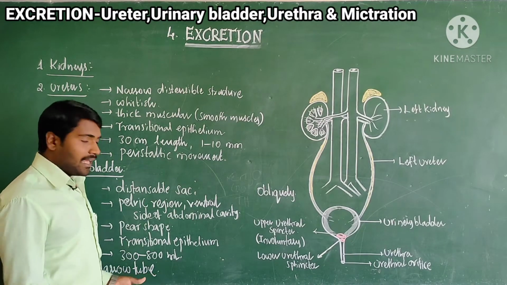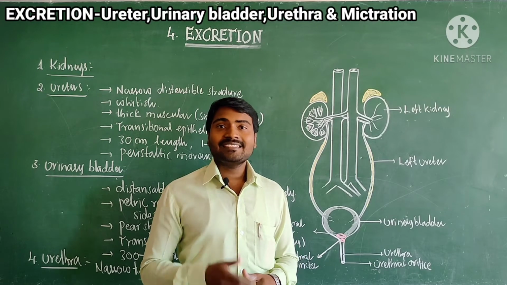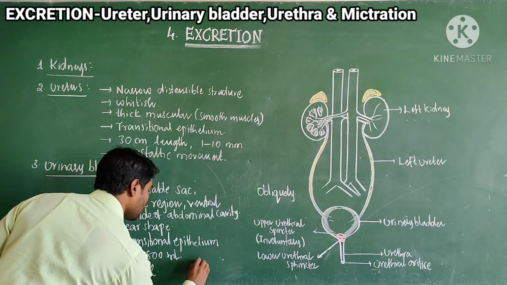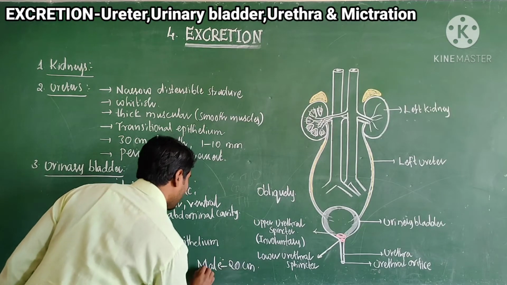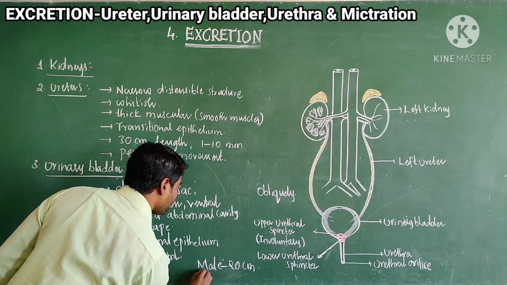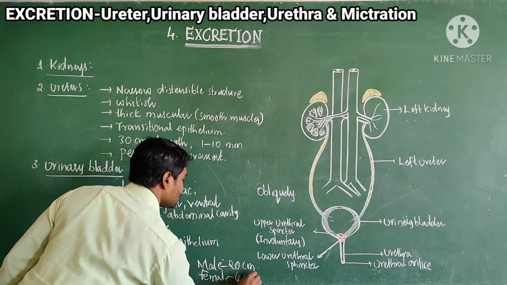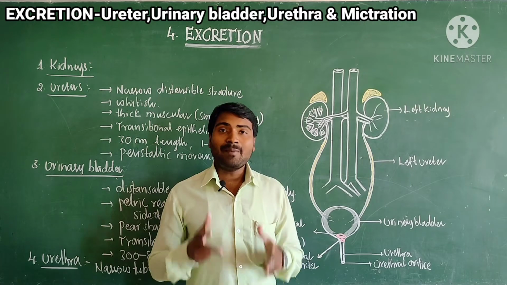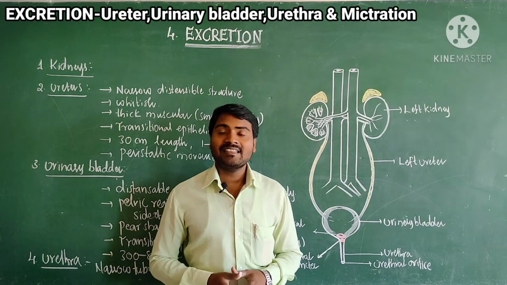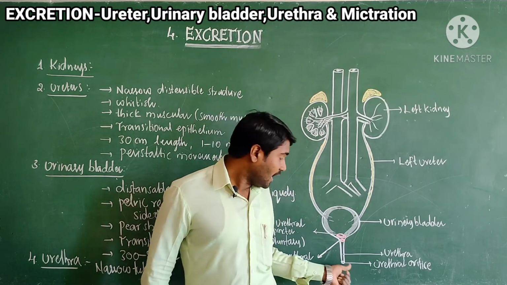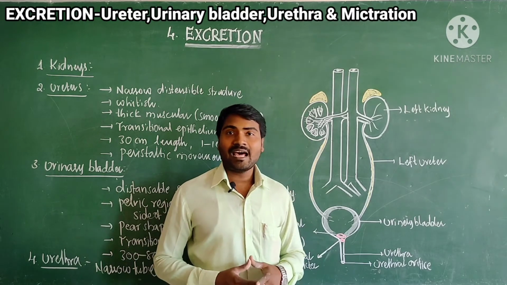The size of the urethra in male is nearly 20 centimeters, whereas in female it is 4 centimeters. In male, the urethra passes through the male genital organ, the penis, and the final opening of the urethra is known as the urethral orifice.